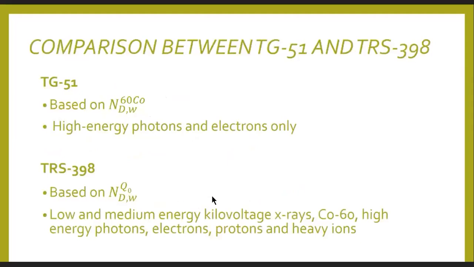So now the last thing I want to say here is the comparison between two protocols. TG51 is only for high energy photons and electrons, and TRS includes also low and medium energy kV photons, cobalt-60, high energy photons, and protons and heavy ions.